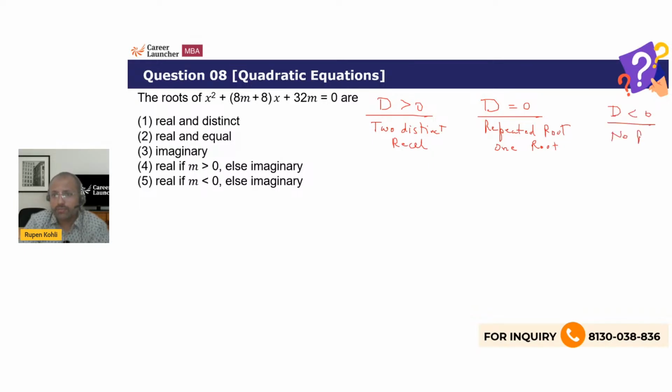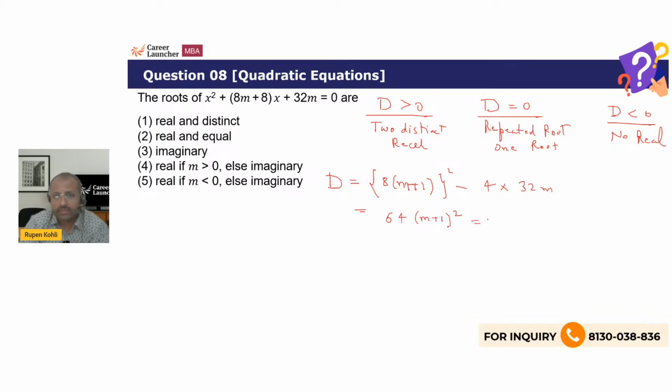So therefore we have to analyze the discriminant over here, d being b square minus 4ac. B over here is this 8m plus 8, so take 8 common, 8 into m plus 1 the whole square, b square. Minus 4ac, which is 4 into a is 1, and this is 32m. 8 square is 64 into m plus 1 the whole square.